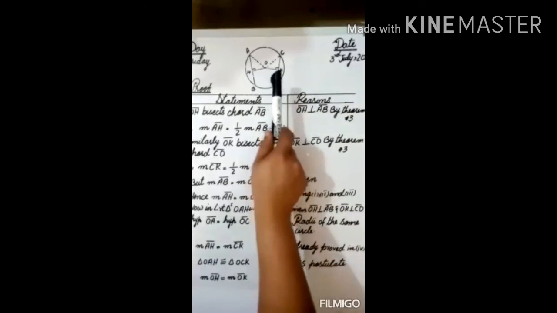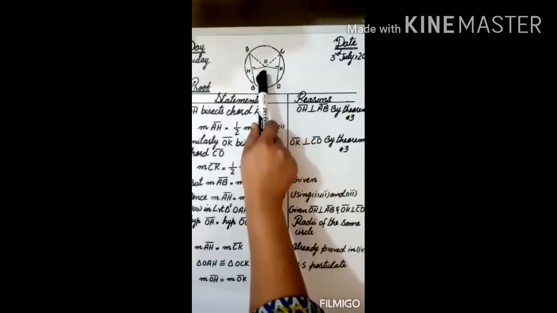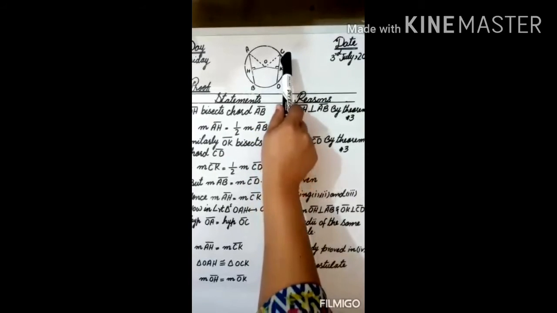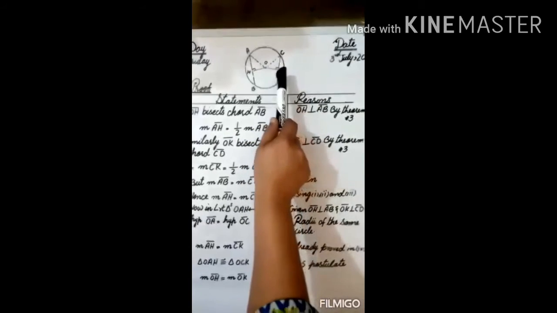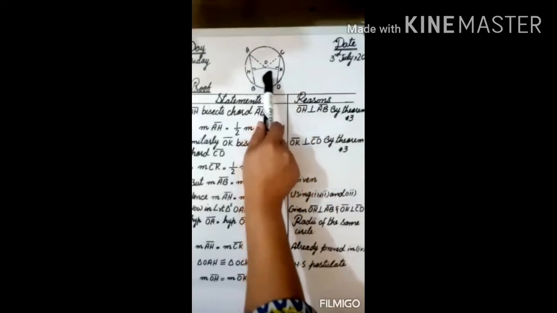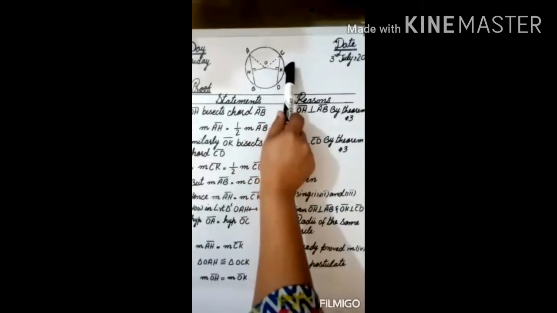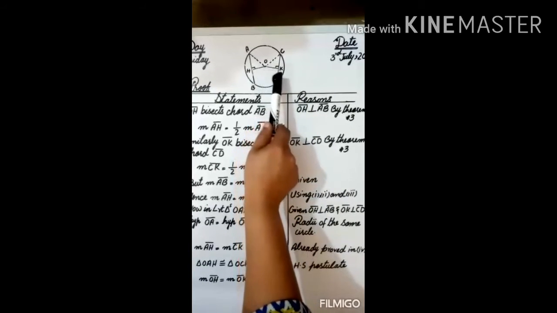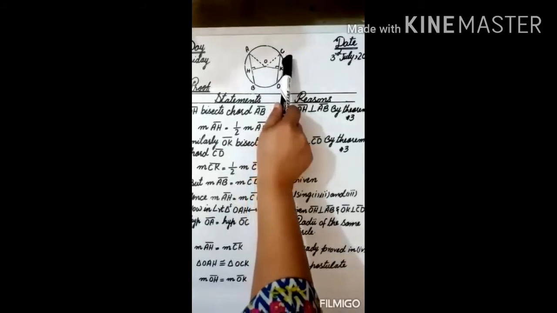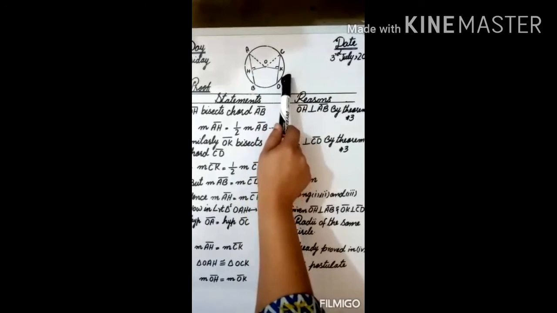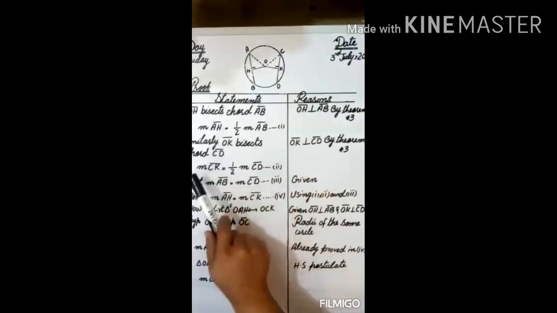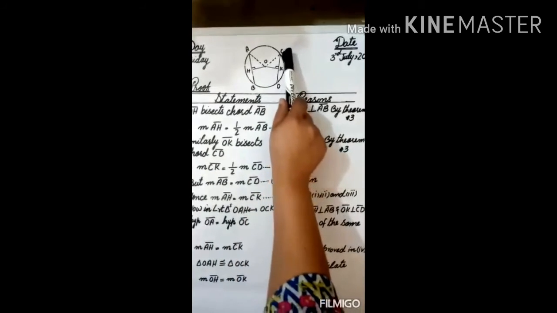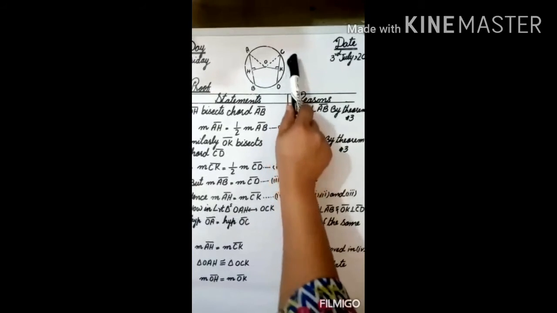Move on to the diagram. The perpendicular OK from the center bisects the chord CD. The chord is CD and OK bisects this chord CD. That's why OK divides the chord CD into two equal parts. Then we can say that measurement CK is half of CD.